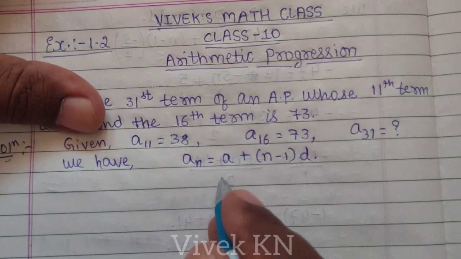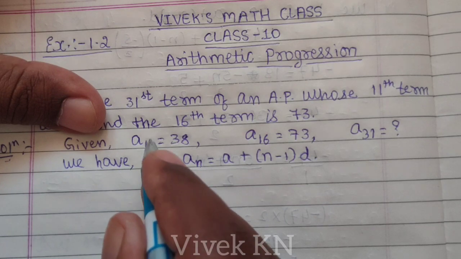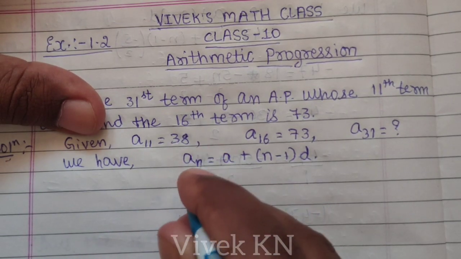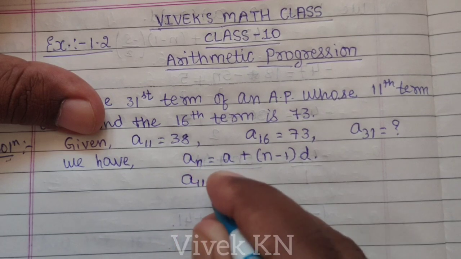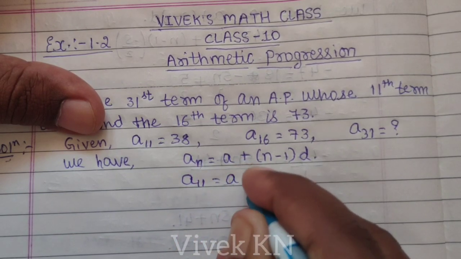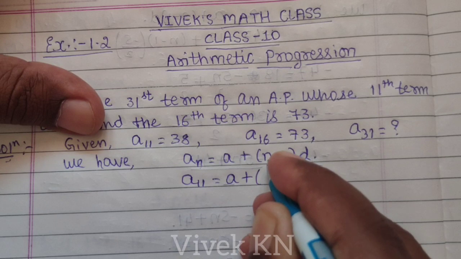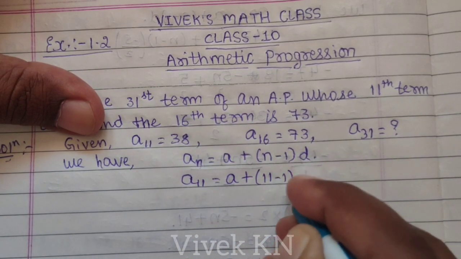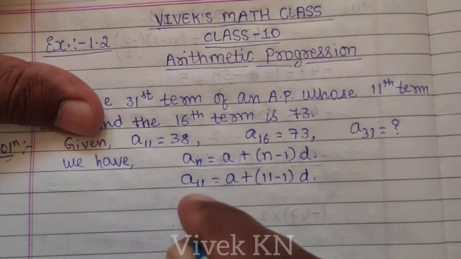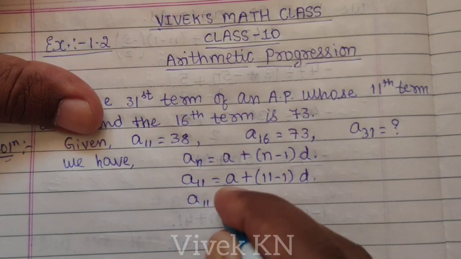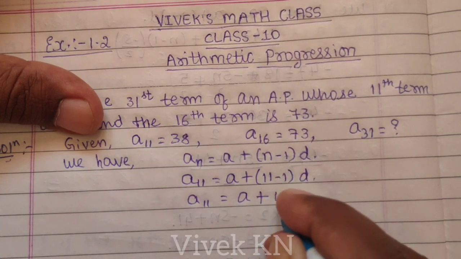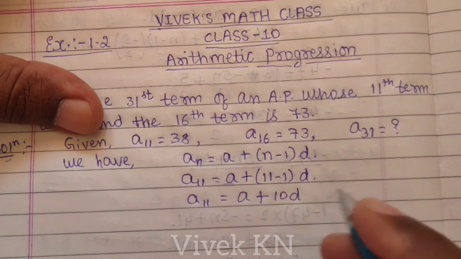Here in this formula we substitute the value of n as 11, that is a11 is equal to a plus 11 minus 1 into d. a11 is equal to a plus 10 into d.